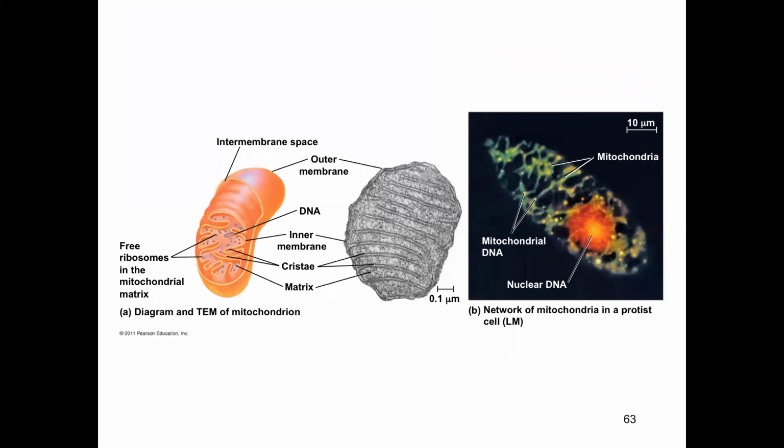And the last structure, I think, is the mitochondrion. The mitochondrion, really, really important. Things to know: mitochondria have their own DNA, all right? They make their own proteins, so they also have their own ribosomes.